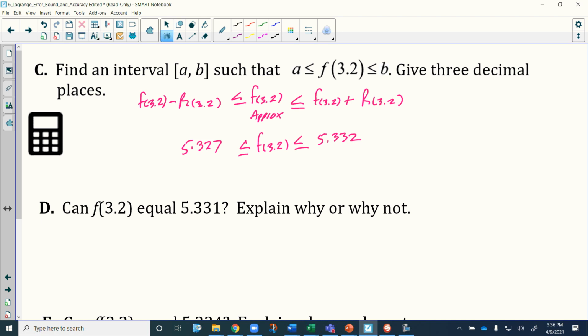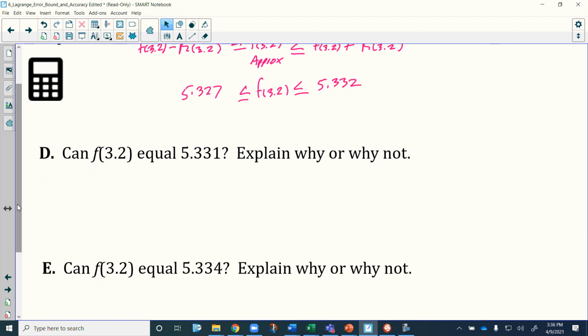So here, where we're finding the interval, that is the Lagrange error bound. Can f of 3.2 equal 5.331? Sure it can, because the Lagrange error bound that we got was between 5.327 and 5.332.